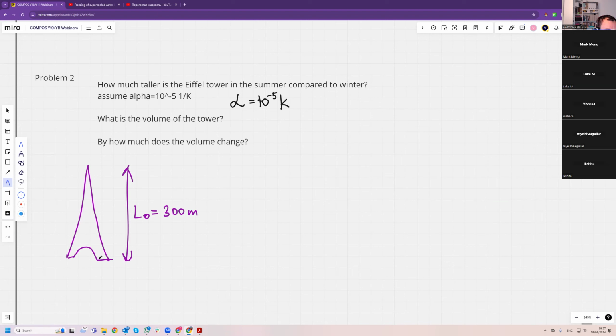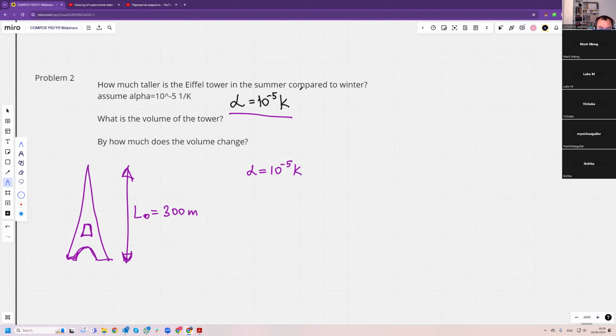It's technically 331, maybe. It changes, as we will see. Okay, so it's made of iron. It's actually painted, but nevertheless, it's made of iron. And we know the thermal coefficient for iron. So alpha is 10 to the minus 5 per Kelvin.